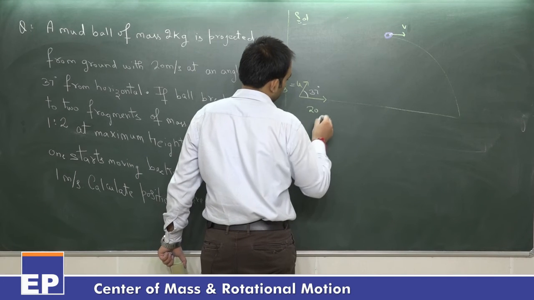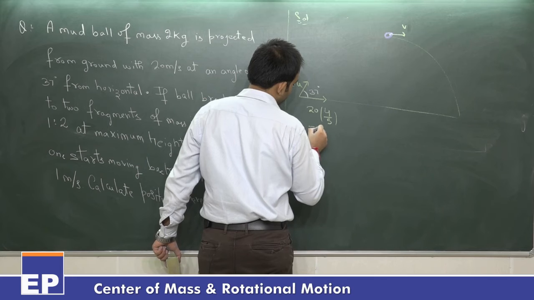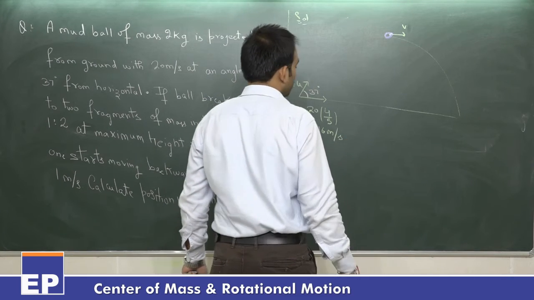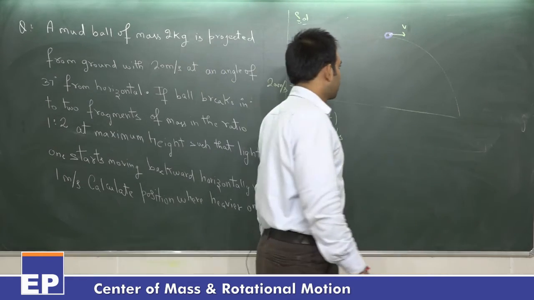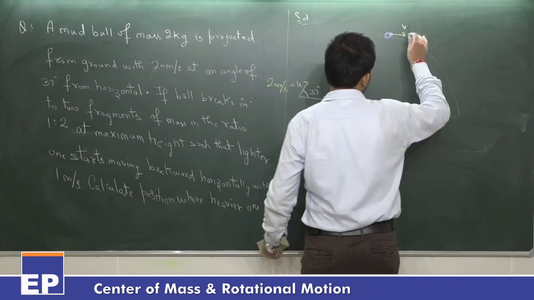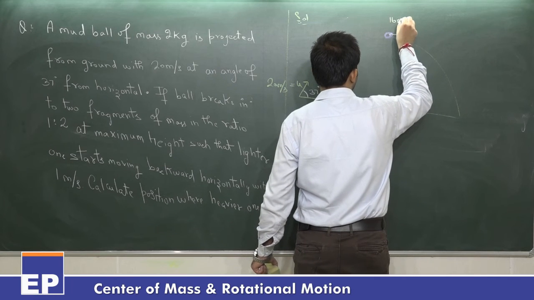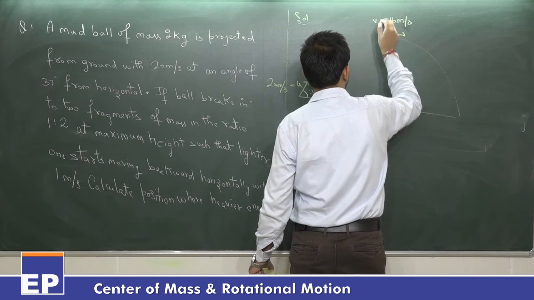Cos 37 is how much? 4/5. That is 16. So when it is moving with 16 meters per second at this point, having horizontal component 16 meters per second, its initial velocity is 16 meters per second, vi.